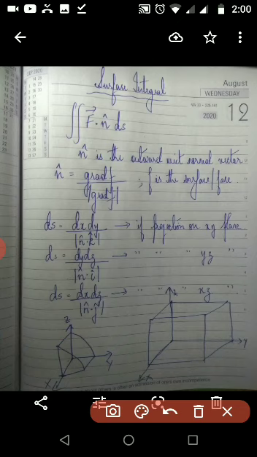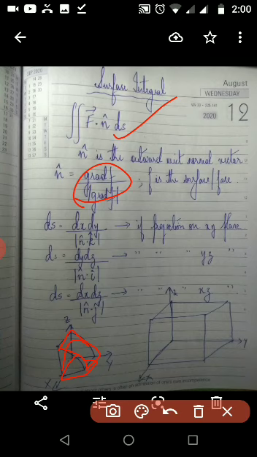Now, what is dS? If I'm calculating a surface integral, I require dS as well. Now this curved surface here, I can project it onto the xy plane. When I project it onto the xy plane, dS will become dx dy divided by n hat dot k hat, where k hat is basically the unit vector normal to the xy plane.